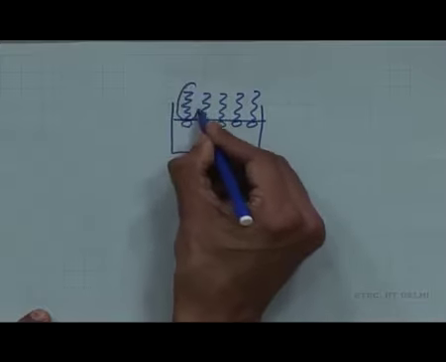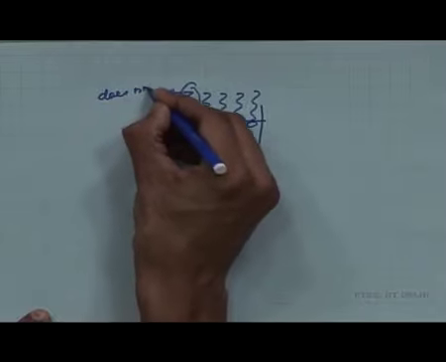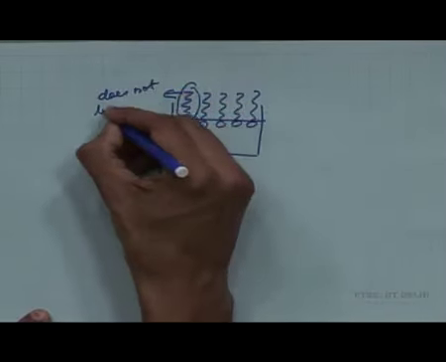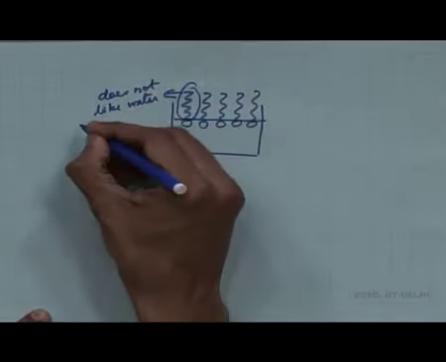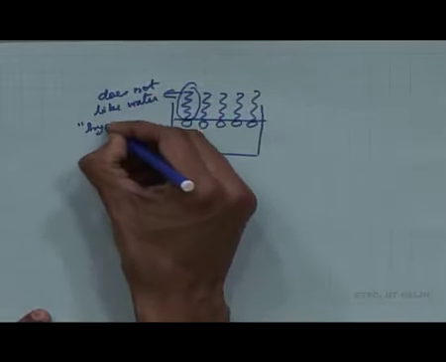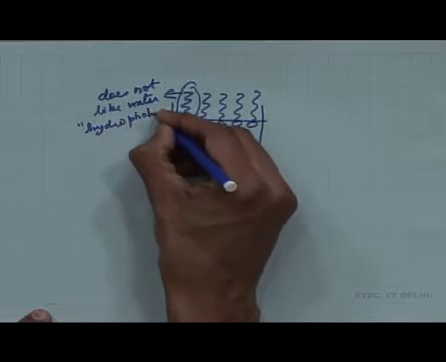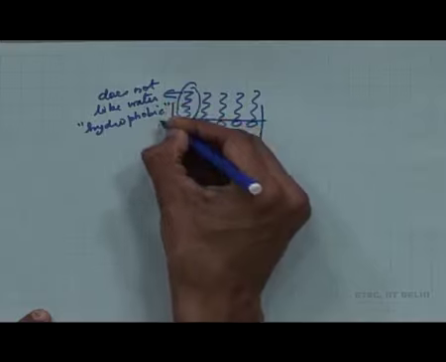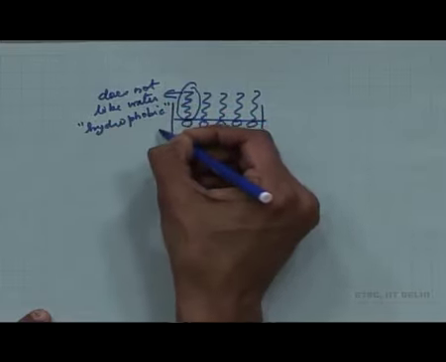This one does not like water. It is a hydrocarbon, so it does not like water. So, it is called hydrophobic. Hydro is water, phobia means fear. So, it fears water. So, this hydrocarbon chain does not like water.